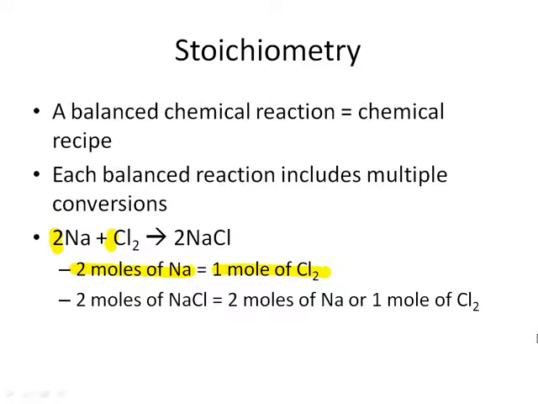For every 2 moles of sodium chloride, I need 2 moles of Na, or 1 mole of chlorine. So that's 3 different unit conversions that came right out of my balanced chemical reaction. And we can do this with any balanced chemical reaction.